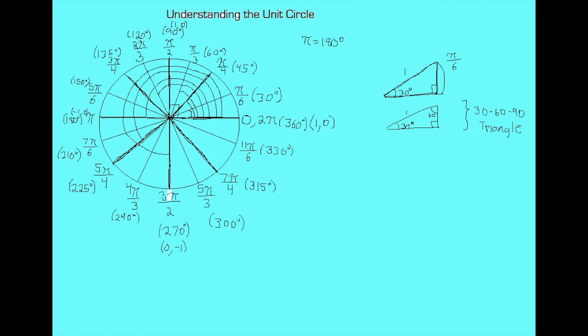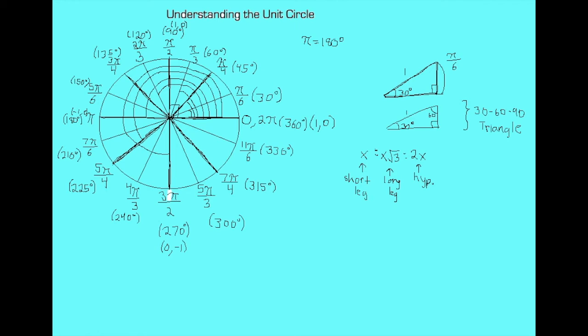This is a special triangle. So if you recall from 30, 60, 90 triangles, 30, 60, 90 triangles have a ratio of x to x root 3 to 2x. X is the shorter leg, x root 3 is the longer leg, and 2x is the hypotenuse.